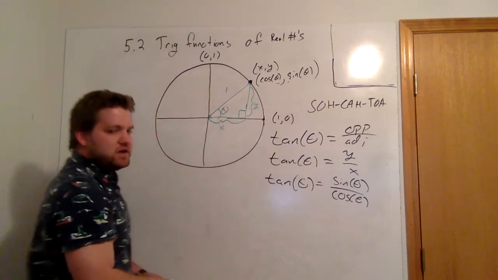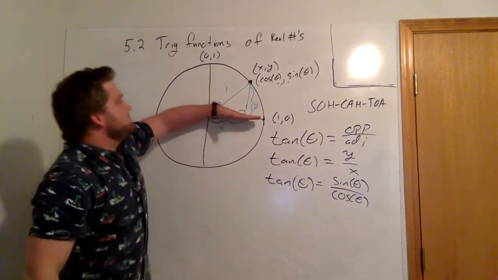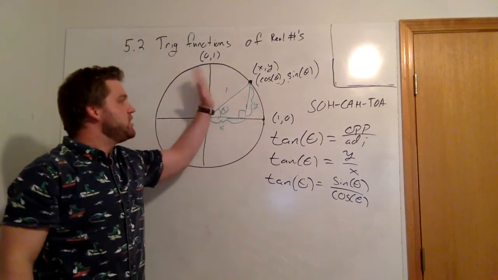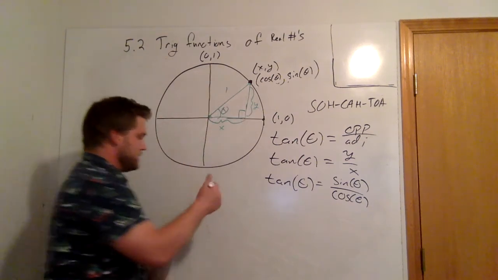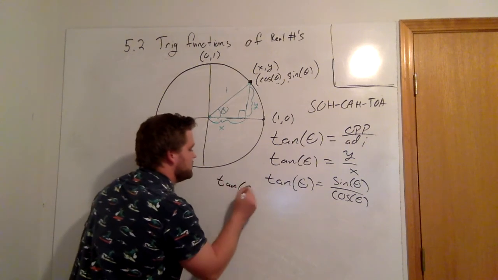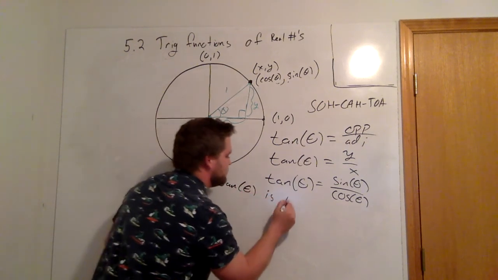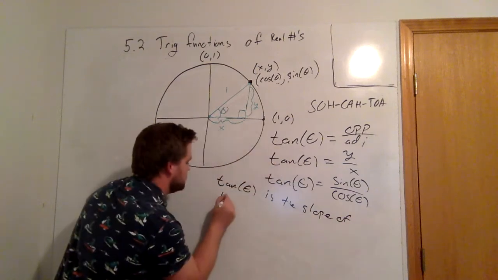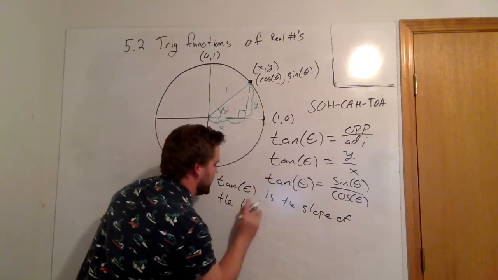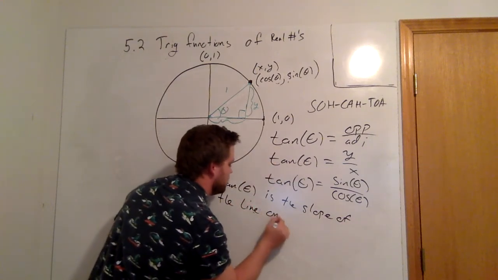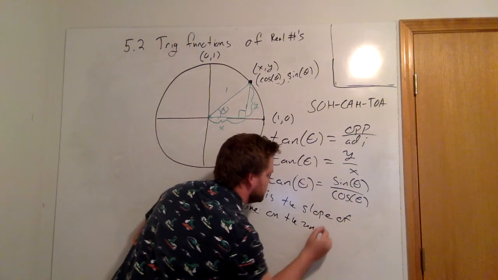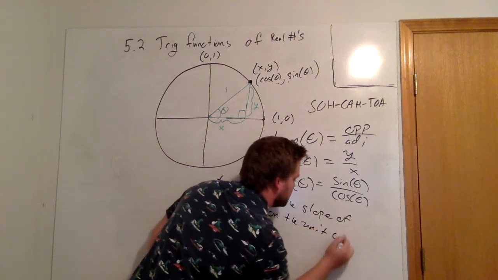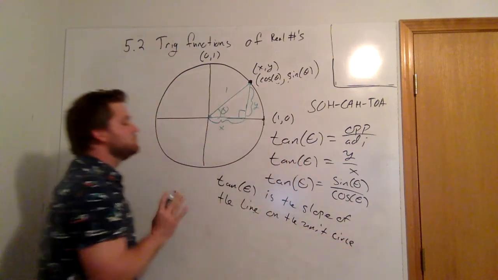Tangent is measuring the slope of this line as we rotate around the unit circle. Tan of theta is the slope of the line on the unit circle. Beautiful.